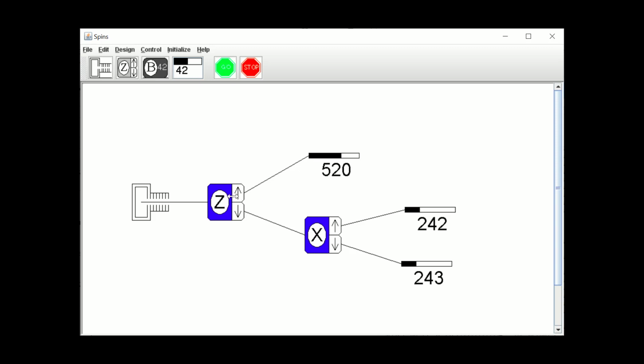And what we notice is half of the particles in the state preparation in the first Stern-Gerlach analyzer come out as spin up, and about half come out as spin down. Of those spin down in the Z direction, those are further split 50-50, spin up and spin down in the X direction. Nothing really too surprising here, right?